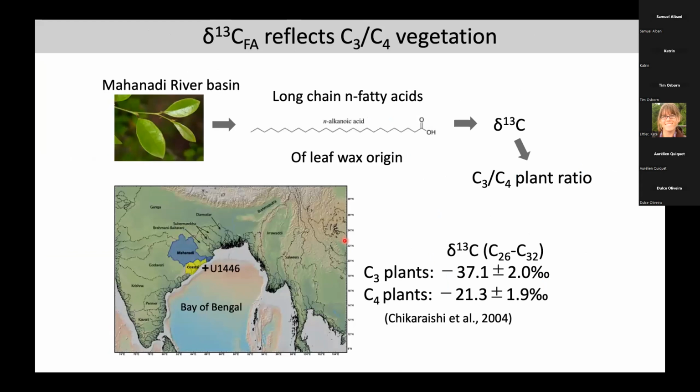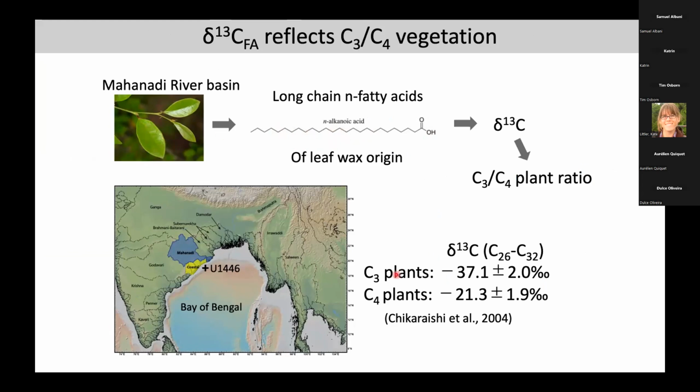But why do the carbon isotopes reflect the CO2 concentration? This was a big question for us. This is the long chain normal fatty acid, the leaf wax of terrestrial higher plants.